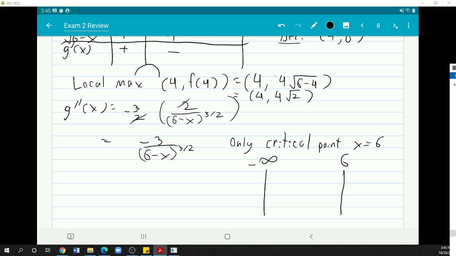So say I plug in 2. On the bottom I'm going to get a positive number, and then that minus 3 is going to make it negative. So this function is going to be concave down everywhere. Minus infinity to infinity. And that's 10c.